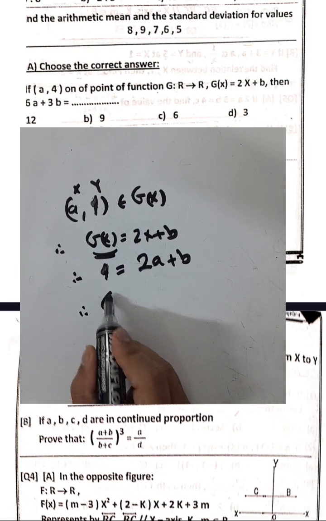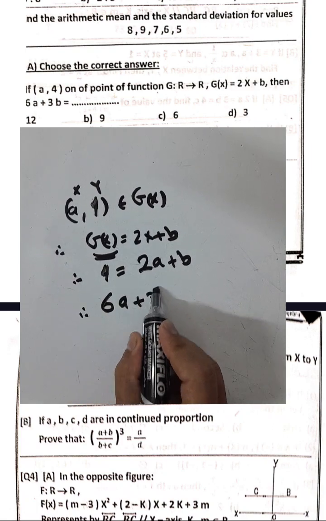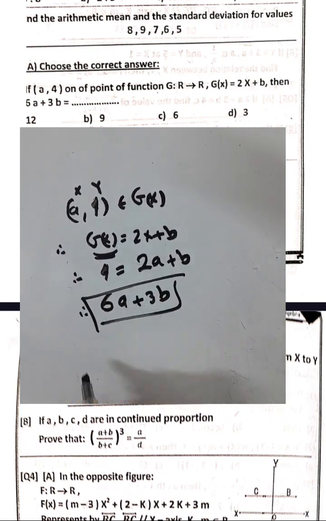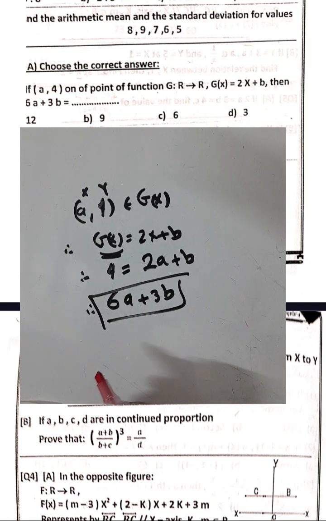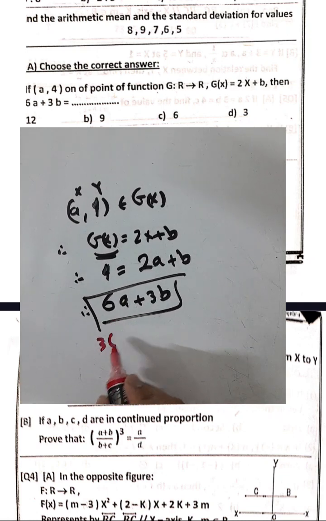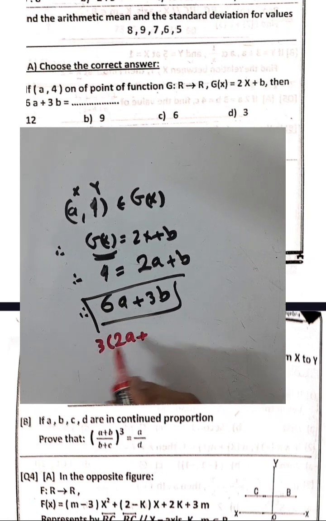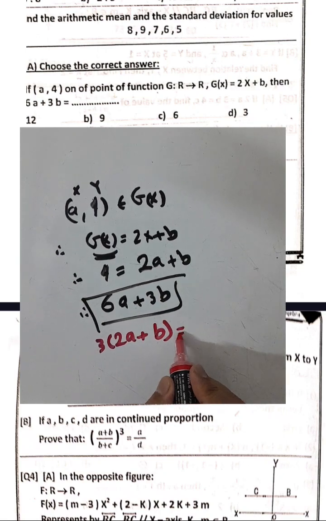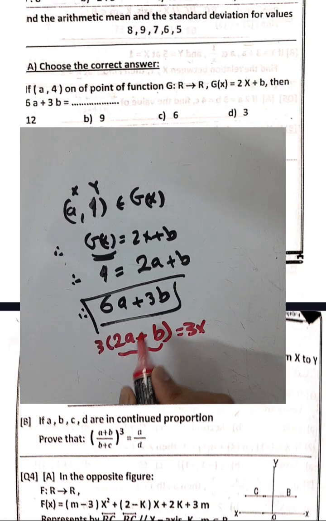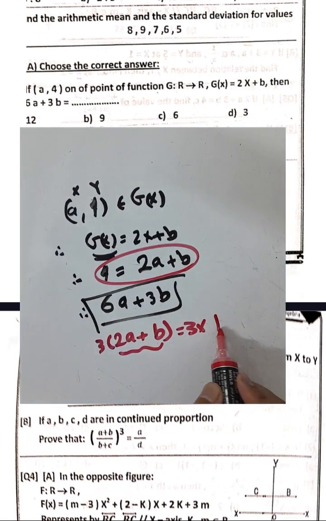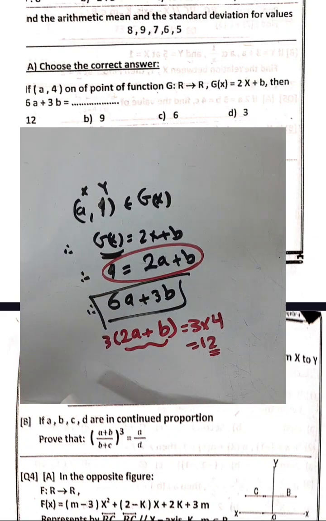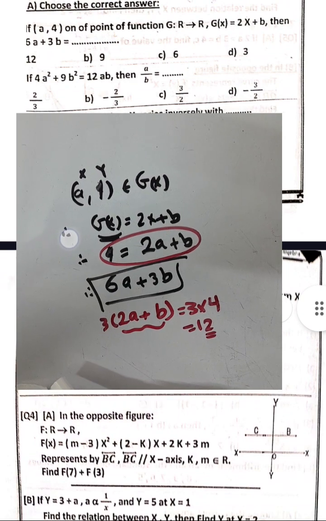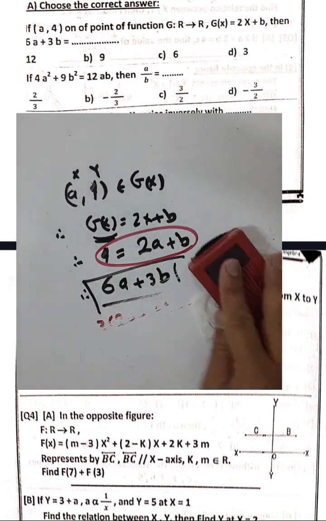Then he wants to find the value of 6a plus 3b. You can take 3 as a common factor between the two terms. 6 divided by 3 equals 2a, and 3 divided by 3 is 1, 1 times b equals b. Then the result will be 3 times the value of 2a plus b, which was 4. 3 times 4 equals 12. The result here equals 12. Okay, understood here? Okay, next question.